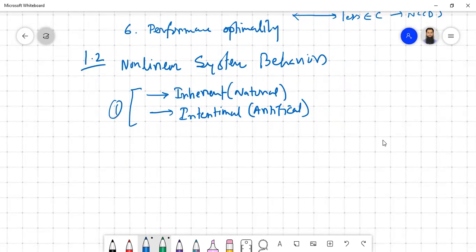The next type of classification is based on continuity, in terms of mathematical properties: continuous and discontinuous. Because discontinuous nonlinearities cannot be locally approximated by linear functions, these are also known as hard nonlinearities.